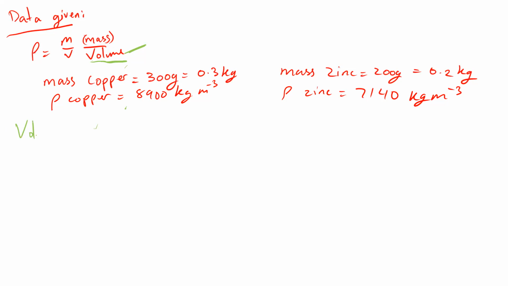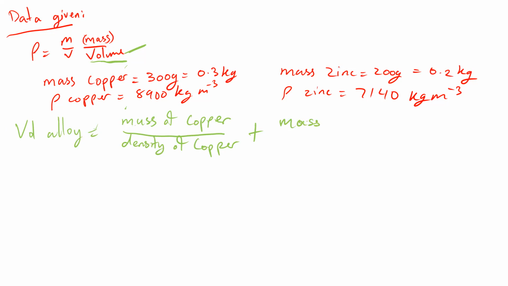So the volume of alloy will simply be the mass of copper divided by the density of the copper plus mass of the zinc divided by the density of the zinc.